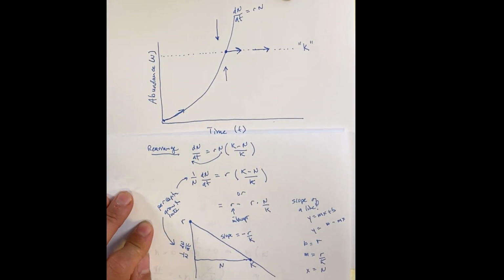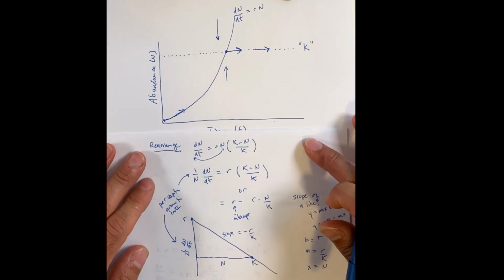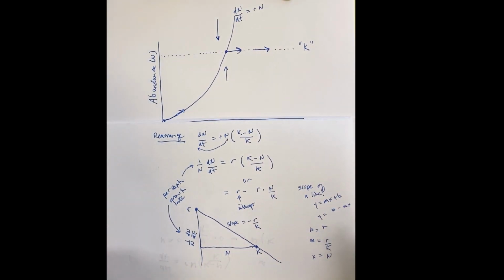What's basically happening here is that as N increases, it moves more and more towards the right, and the y term, the per capita growth rate, or your 1 over N dN/dt, is getting smaller and smaller. It starts at r, that is to say, it's exponential in growth at the very beginning, and eventually it moves to 0, which means the population's not growing anymore.